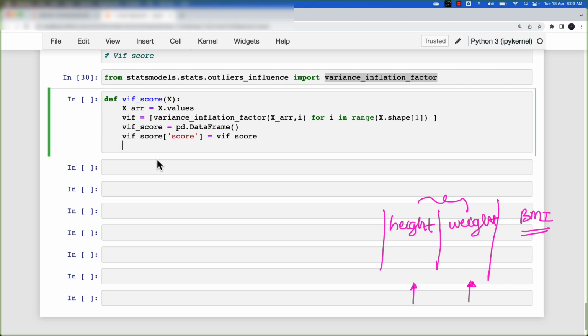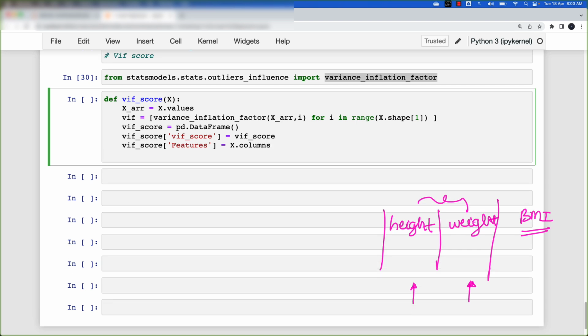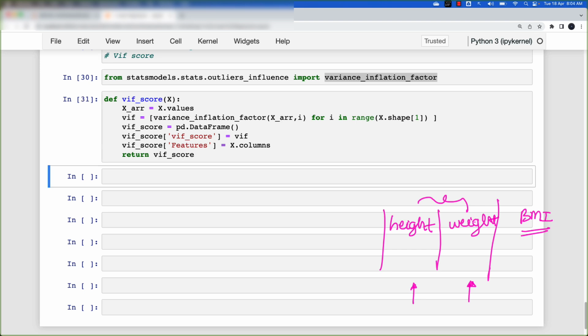Then I'm going to add a new column called features, which is equal to X.columns. Then I'm going to return vif_score. So in this way, I'm going to create a function.